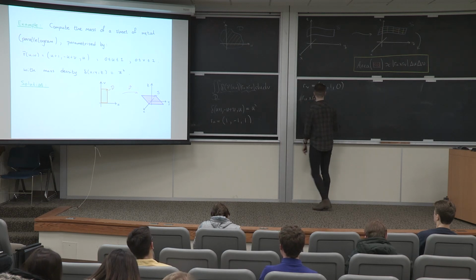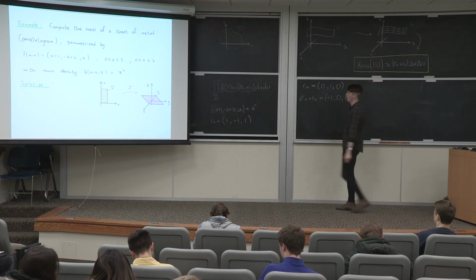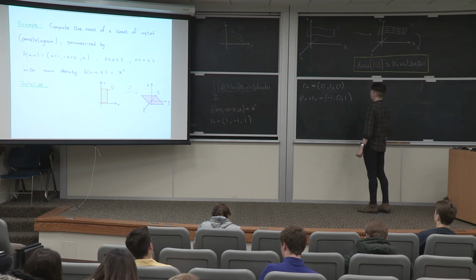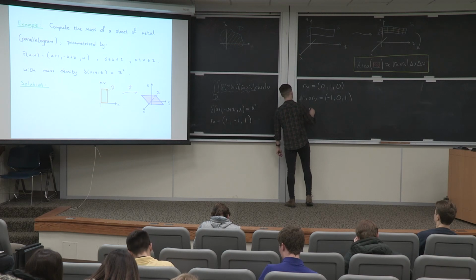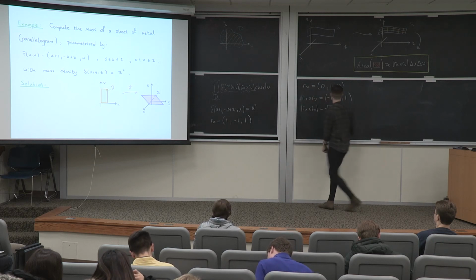If we take the cross product of these two vectors, we are going to get (-1, 0, 1). I skipped the calculation there, but we're used to cross products at this stage. Now, to find the length of this, I square each component and take the square root. So I end up with the square root of (-1) squared plus 1 squared, which is just the square root of 2.